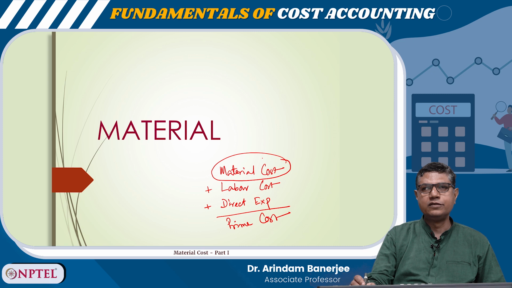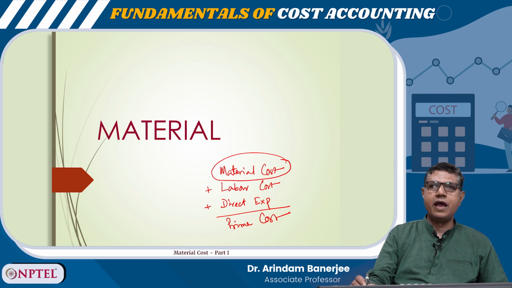So, what we will discuss? We will discuss the primary idea about what is material, right, and there are two questions which we will try to answer. First is that when the company procures material, the question comes when to order. The first question is when to order the material, and the second question is how much to order.